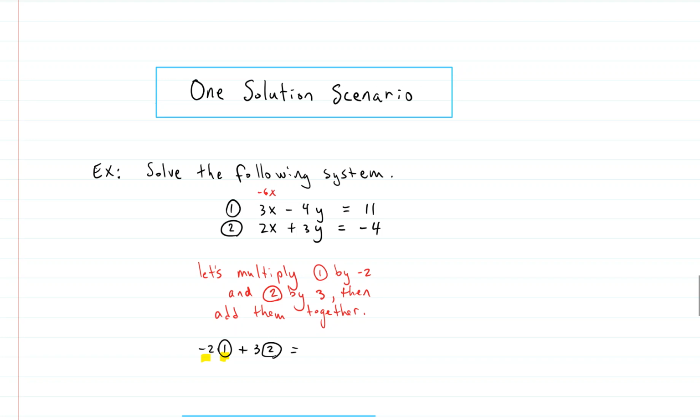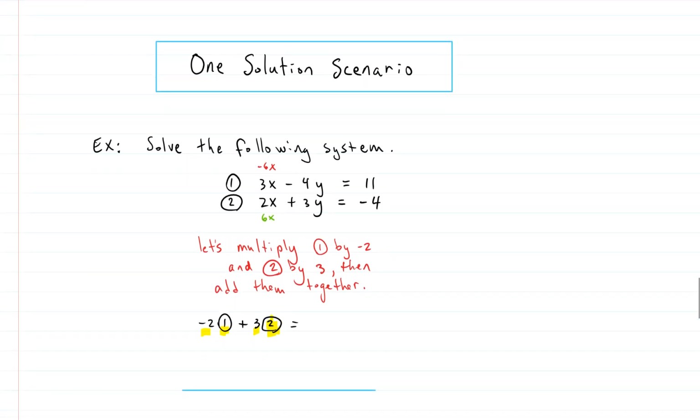And if we multiplied equation 2 by 3, that would give us a positive 6x here, and when we added them, we get 0, right? They cancel out. So let's do that. Let's multiply all of equation 1 by -2 and all of equation 2 by 3, and then add the two equations. So what do we get?